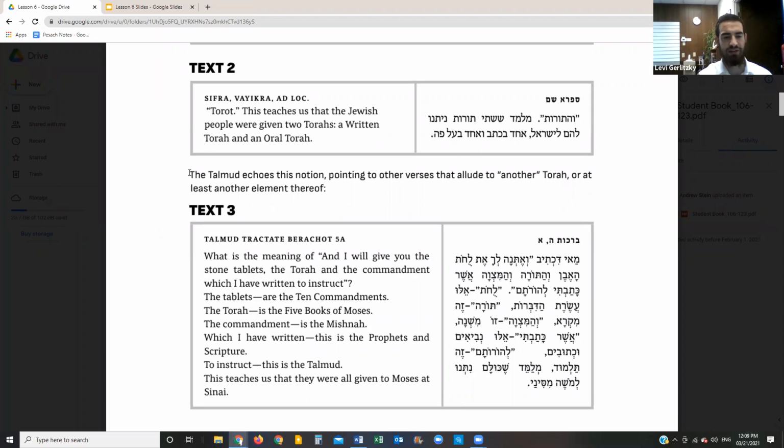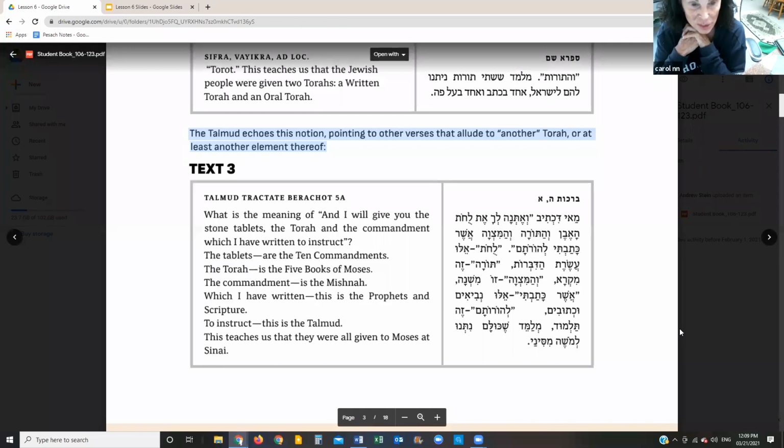Let's read text number 3. Caroline, if you'd like to read from the Talmud and then text 3. Okay. The Talmud echoes this notion, pointing to other verses that allude to another Torah, or at least another element thereof. Talmud Tractate Berachot 5a. What is the meaning of, and I will give you the stone tablets, the Torah and the commandment which I have written to instruct?